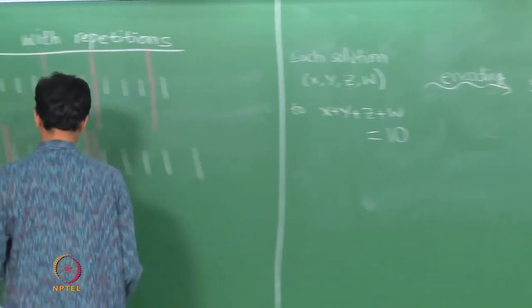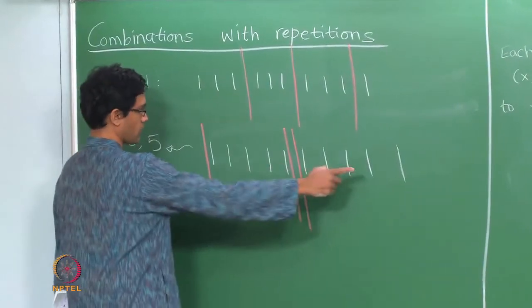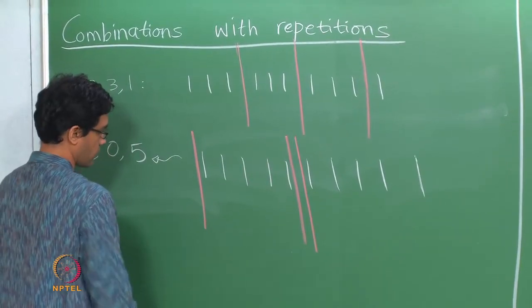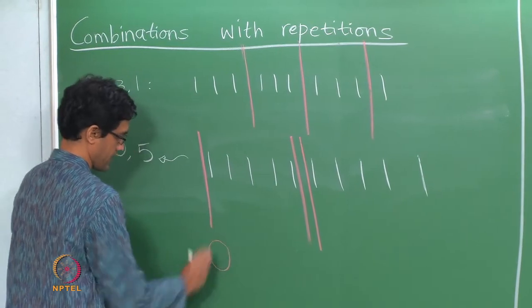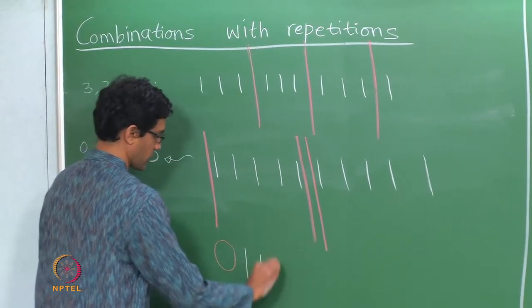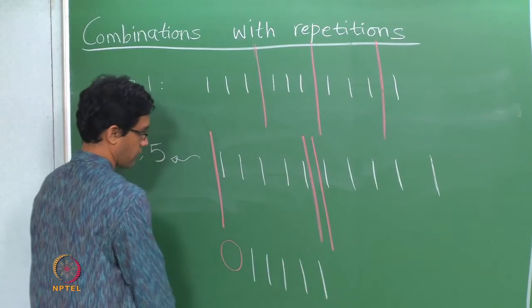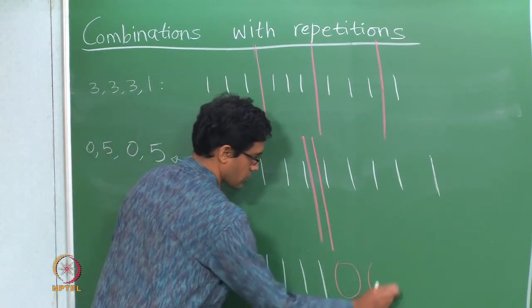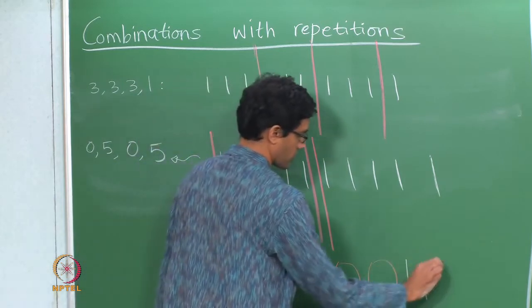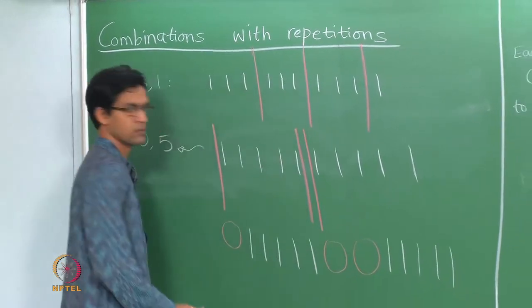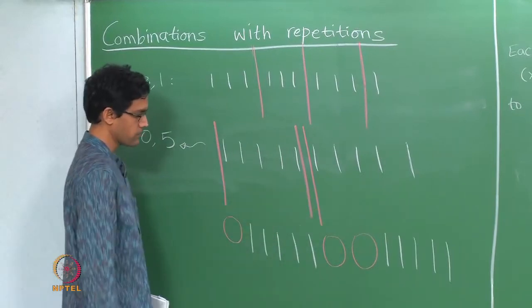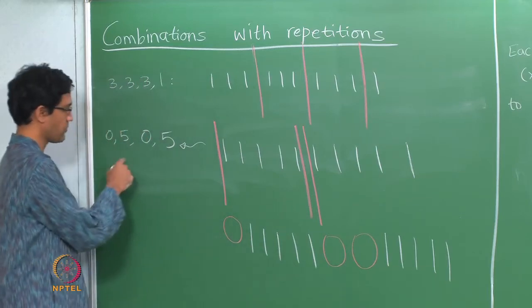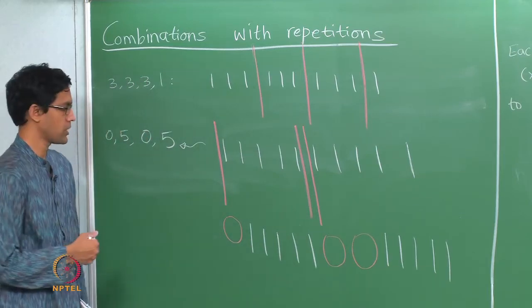So for instance, the string that we wrote out in the end, which had a divider in the beginning and so on, would be the following. It would be a 0 followed by 5 1s, followed by 2 dividers, which means 2 zeros, followed by 5 more 1s. So this string of 13 symbols, 10 1s and 3 zeros, encodes the solution 0, 5, 0, 5 to that original equation.